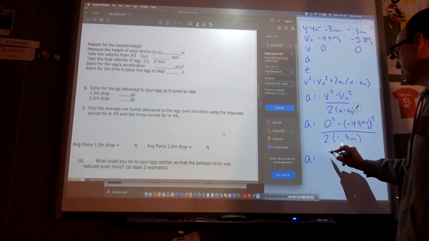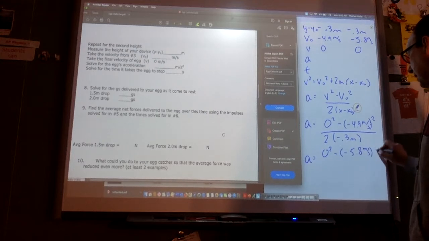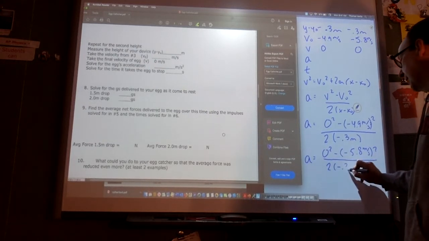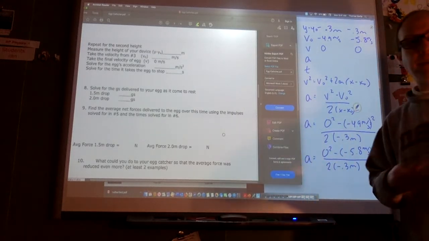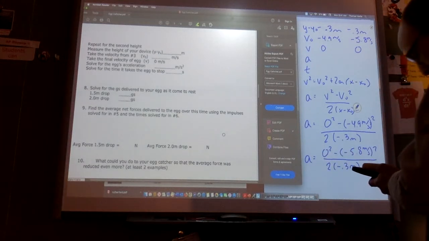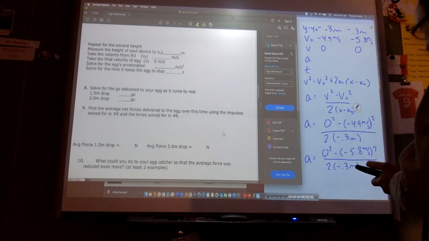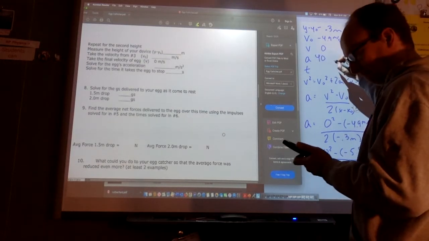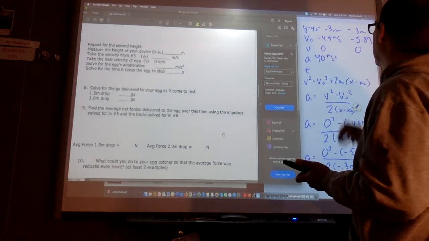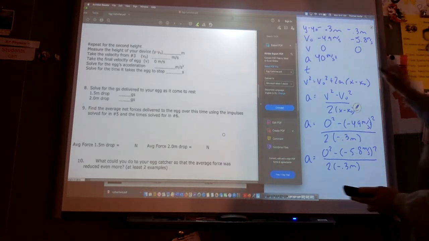And then my other acceleration is going to be 0 squared minus negative 5.8 meters per second, squared, over 2 times the same height. And it's possible if it cracked the first time, you didn't get a chance to do a second one. All right, so I have 40 and I have 56.